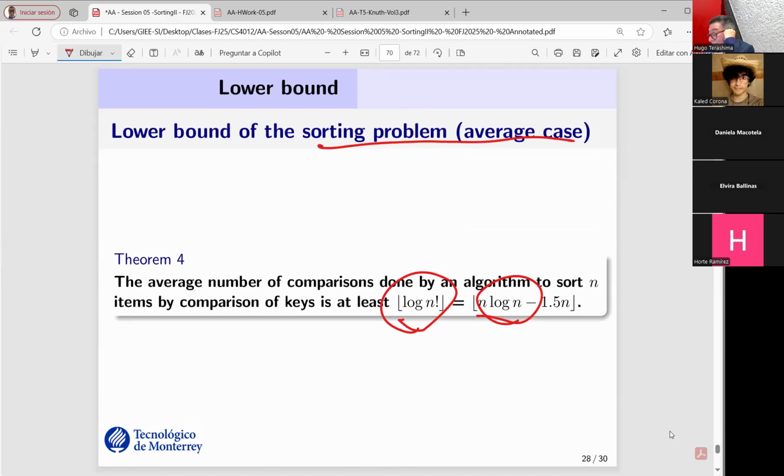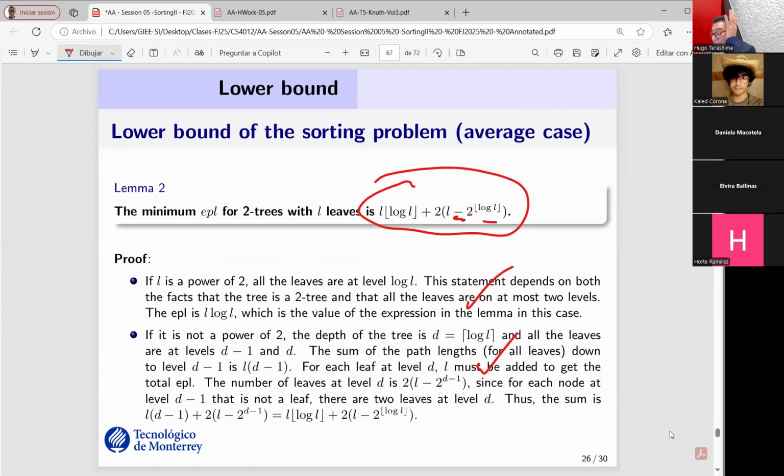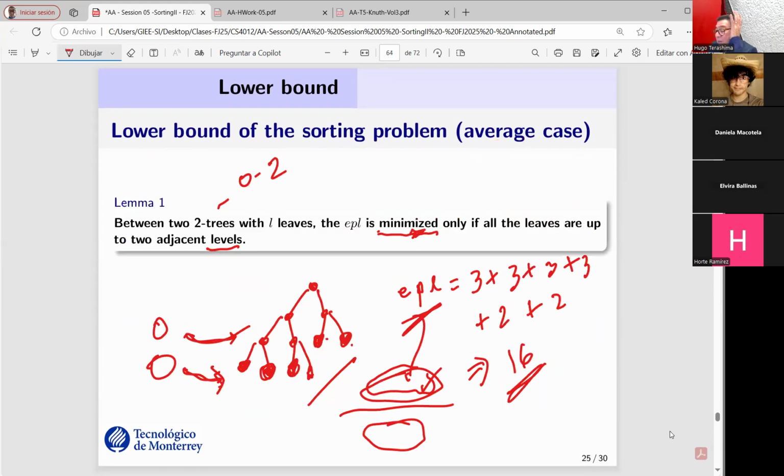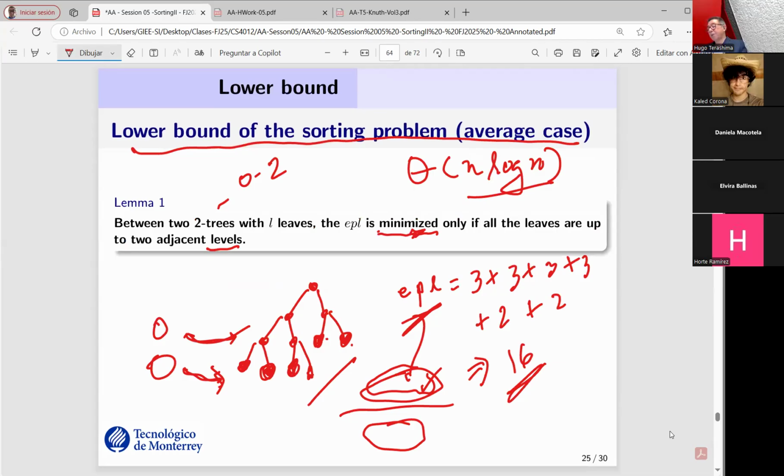Does that make sense? So what do you have to learn out of this? That the lower bound of the sorting problem in the average case is also n log n. So why is this important? Because you have an algorithm, and you need to check if this algorithm is optimal, and then you have two cases, right?